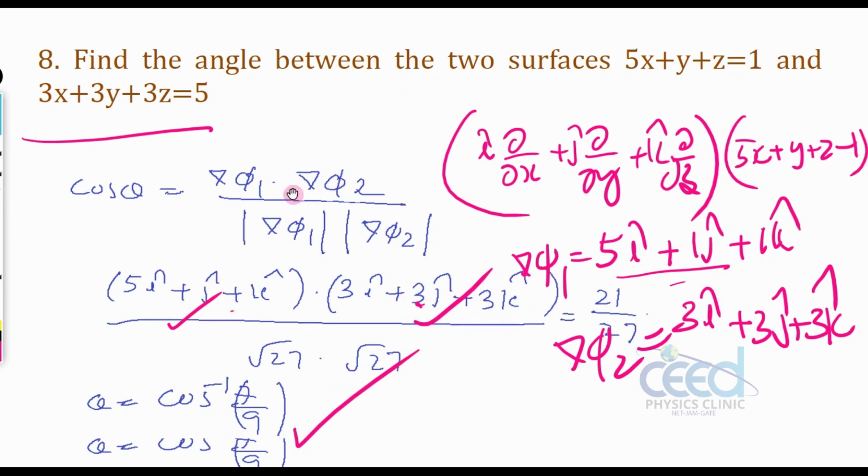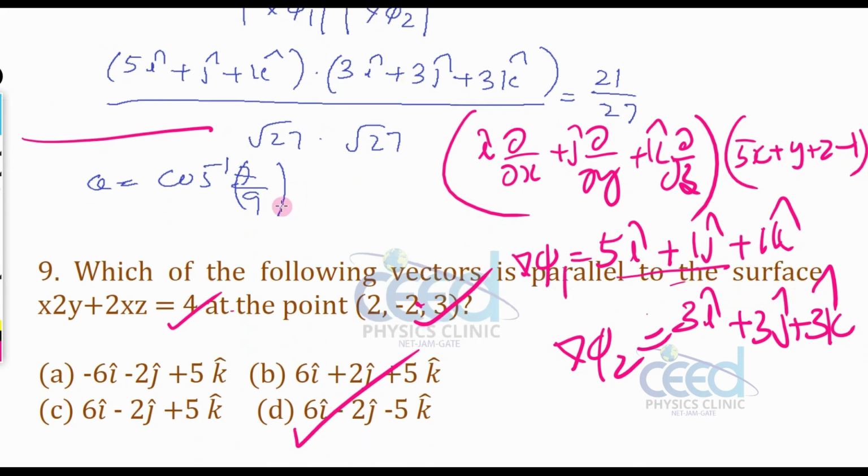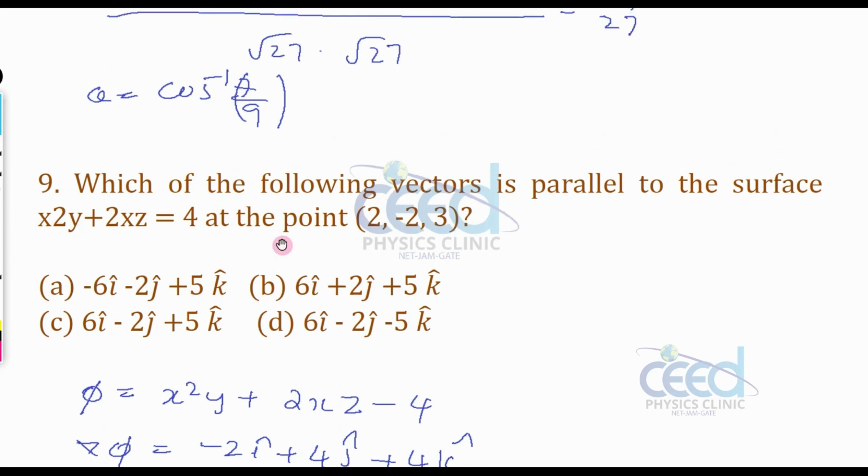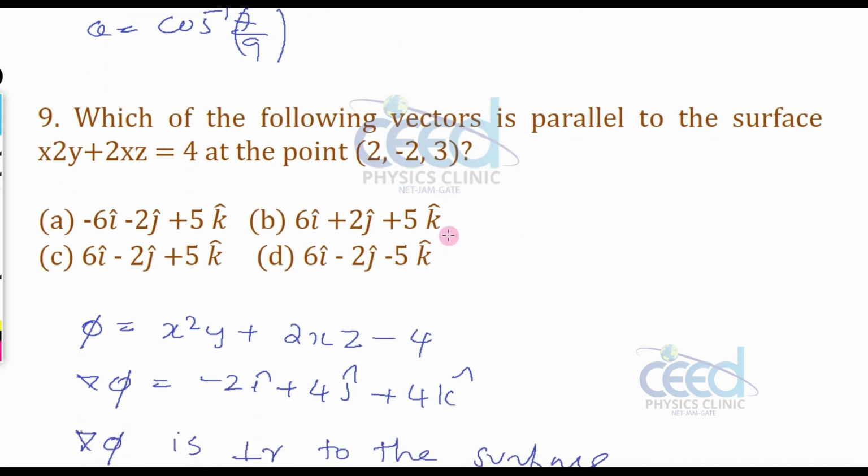Now the next question is: which of the following vectors is parallel to the surface x square y plus 2xz equal to 4 at the point 2, minus 2, 3. So this is a simple question, but when you look at it the first time, you feel it is very difficult.